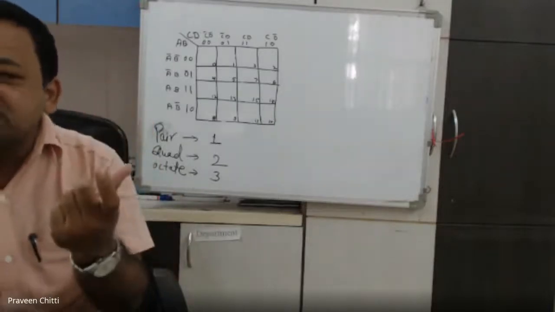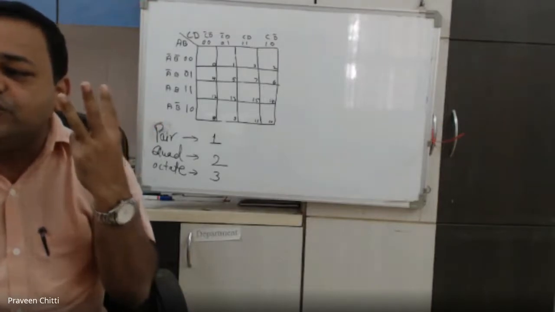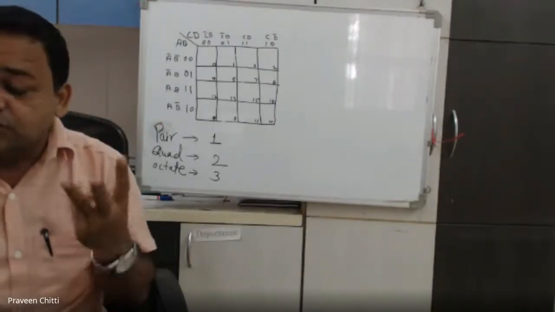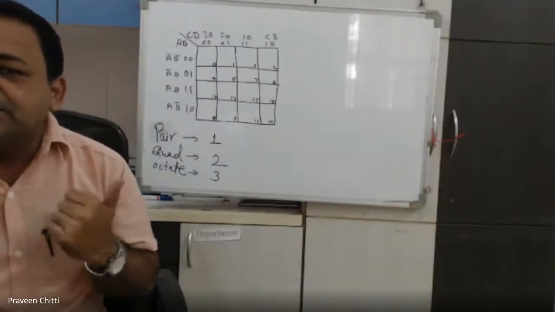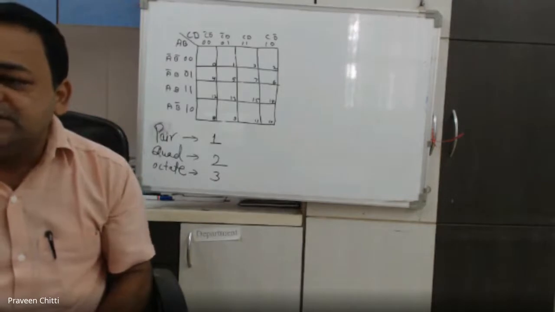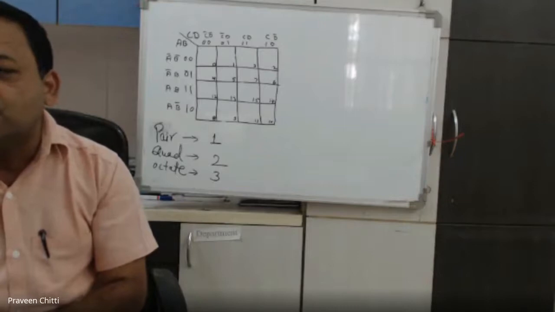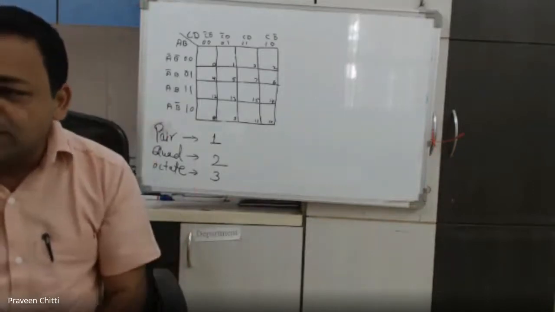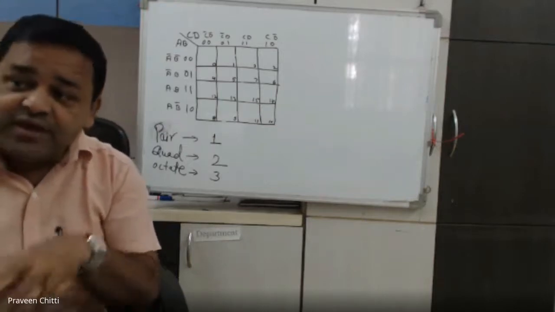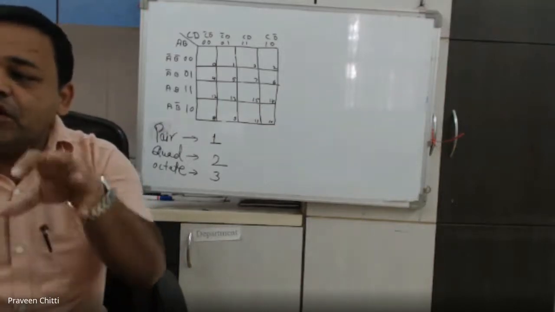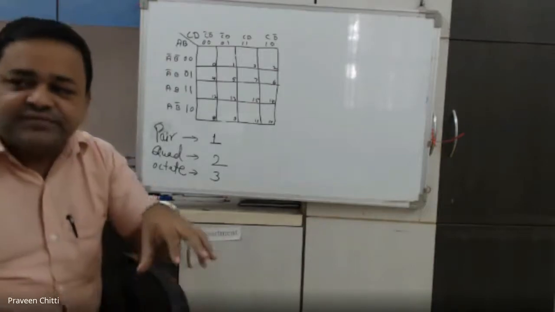A group of 4 adjacent ones is called a quad which eliminates 2 variables. And a group of 8 adjacent ones is called an octet which eliminates all 3 variables. In fact, you can form a group of all 16 ones also. In that case, all the variables will be eliminated. Is that clear? What is the significance of grouping and what exactly is the property of a pair, a quad and an octet? Is that clear?